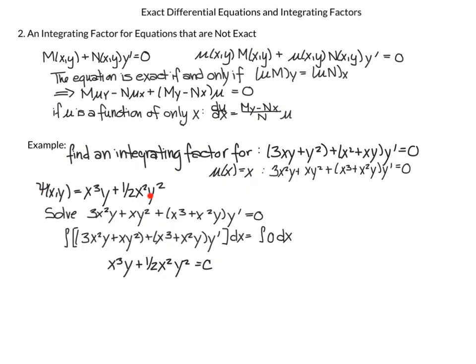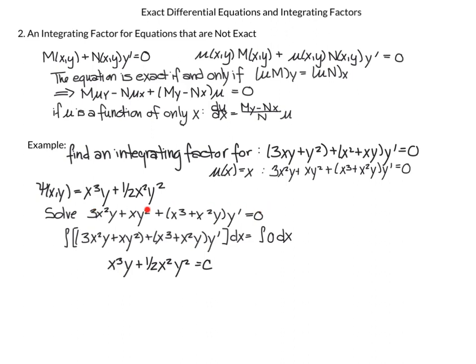Although we really were complete and had finished our problem once we found psi, I'm just going to back up once just to make sure we understand why psi is the solution. This was our equation multiplied by our integrating factor here, the 3x squared y plus xy squared plus x cubed plus x squared y times y prime equals 0.